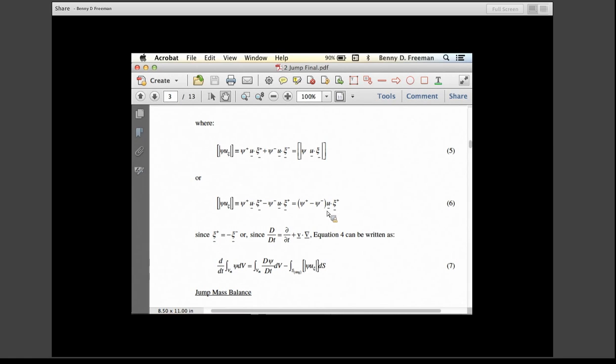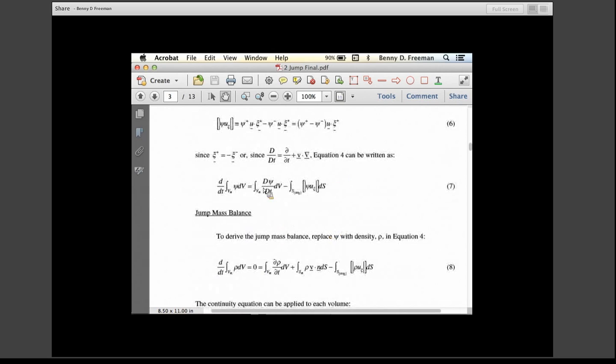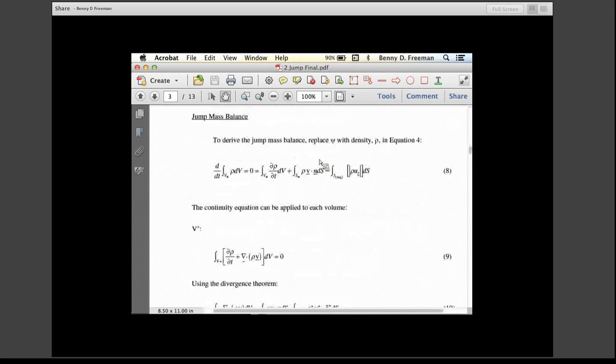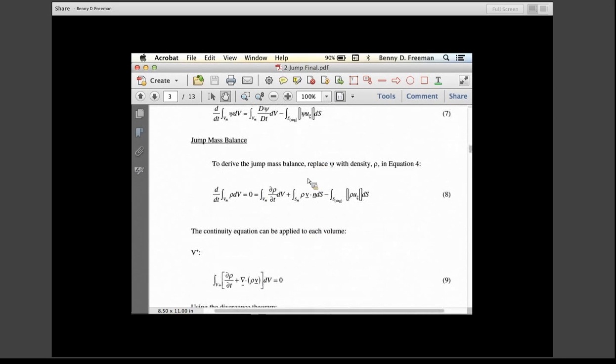And so our general expression for the jump mass balance, or for the jump balances after application of the Reynolds transport theorem, is shown here. Now, to make that specific to mass balance, we will replace psi with the density of the system in the original equation, and you have the result that is shown here.